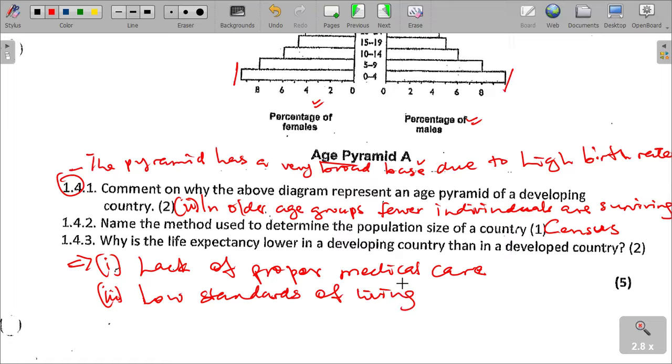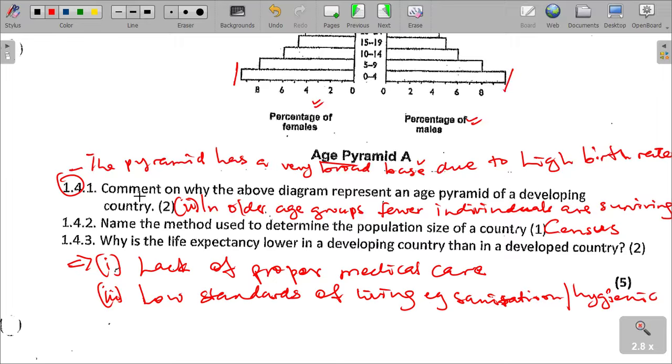We can talk about quite a lot of examples, e.g., sanitation and the hygienic conditions. These are standards of living.